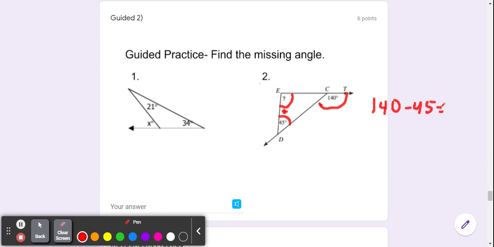And that gives me, I believe it's 95. So then this missing angle here is 95. And then just go back and double check. Is 95 plus 45 really 140? Yes.